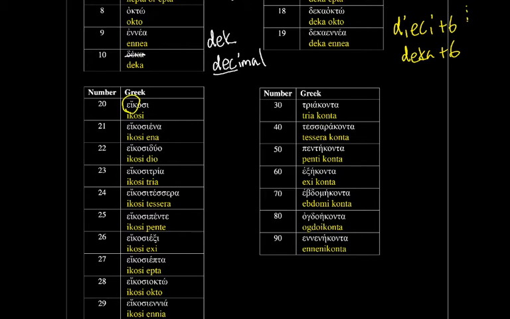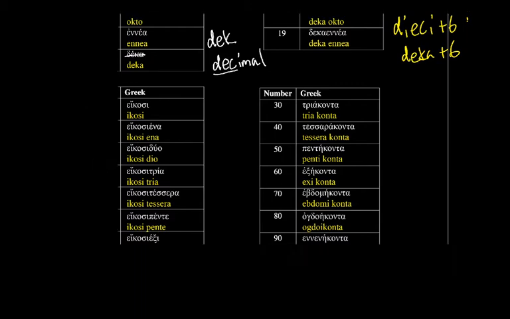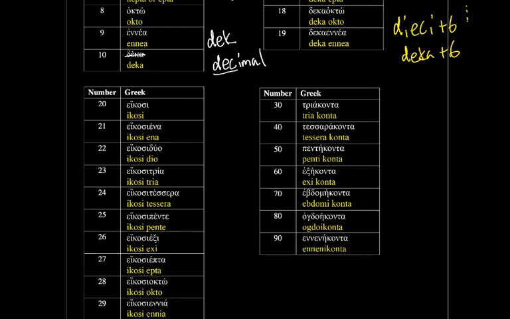Kosi denotes the 10, like 20, 30, 40, 50. So like that cuenta type of idea is what we're seeing here with the kosi. And you'll see later conta.